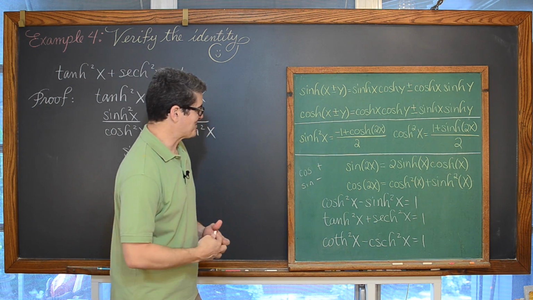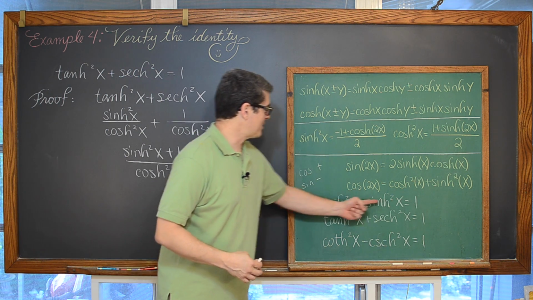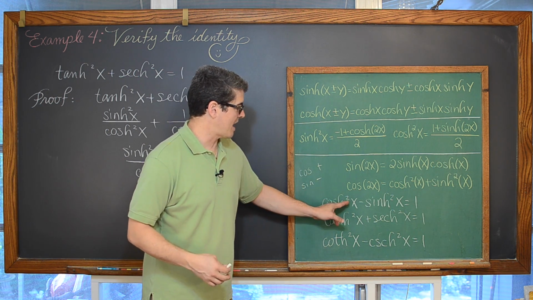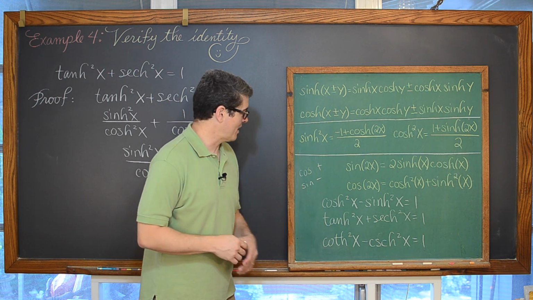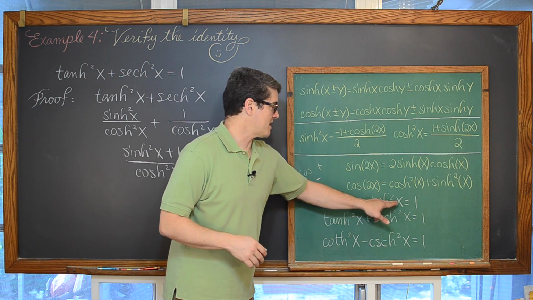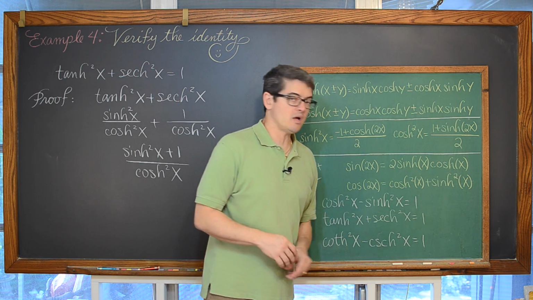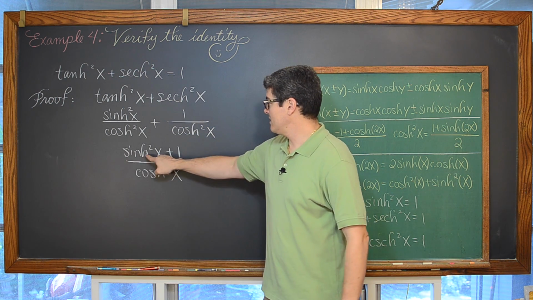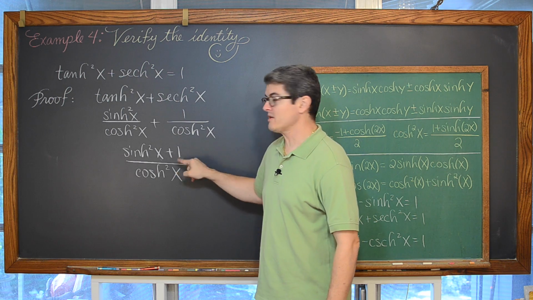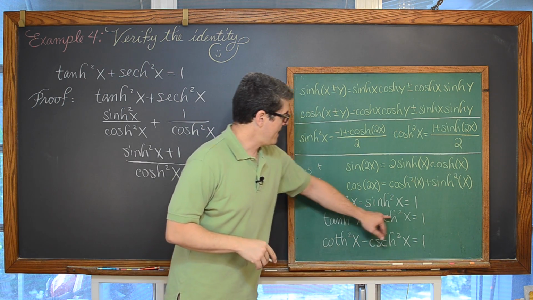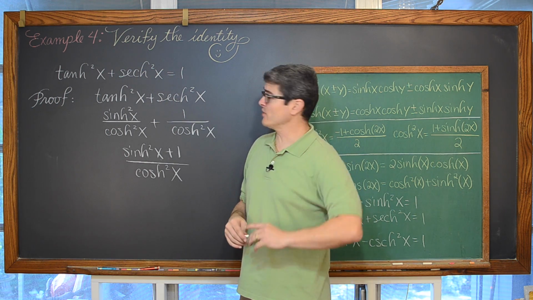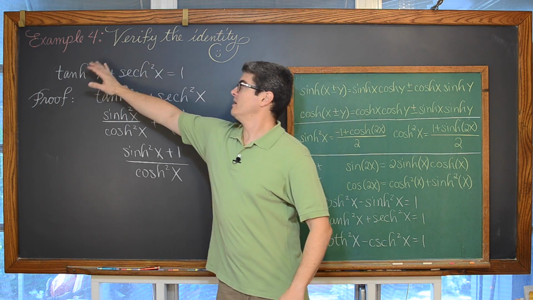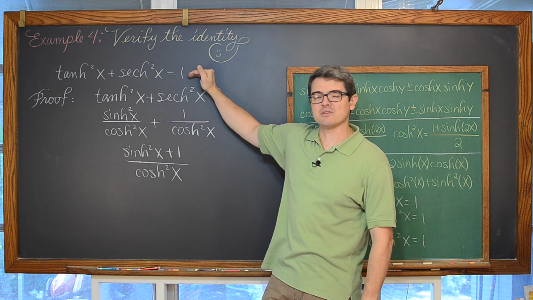Well, there's a few ways to do that, and I'm going to use the cheap way out for this first example and use one of these other identities, which is the hyperbolic cosine of x squared minus hyperbolic sine of x squared is equal to 1. Well, my numerator is hyperbolic sine of x squared plus 1. When you're doing a proof, hopefully you know this from trig, you're not supposed to handle this like it's an equation.